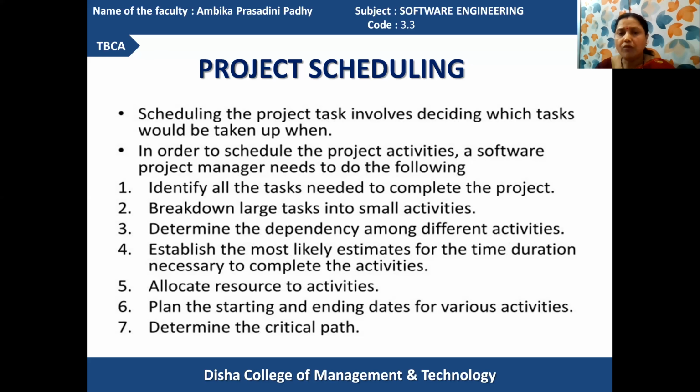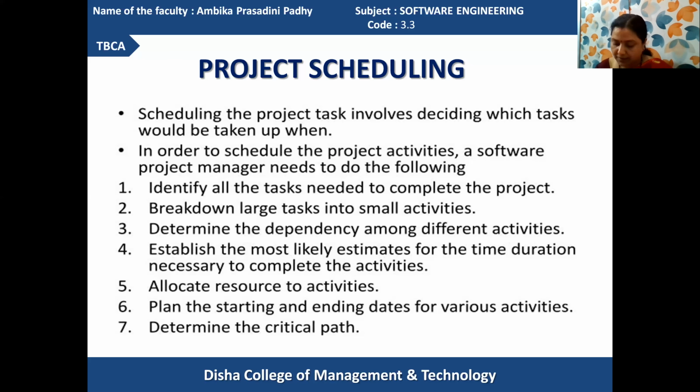In order to perform the scheduling properly, you first have to perform the WBS, work breakdown structure. Then, in the second part, prepare the activity network and identify the critical path, applying the critical path method.